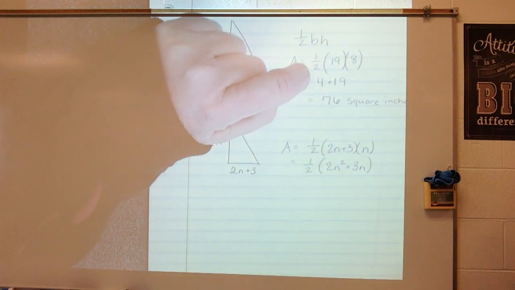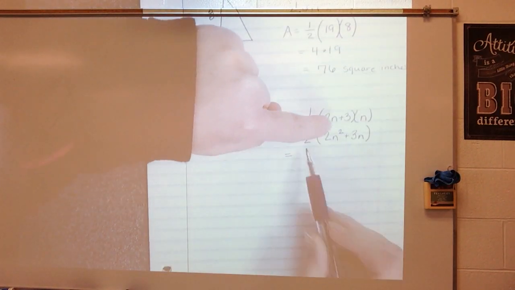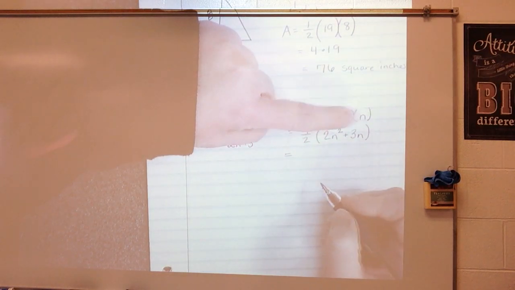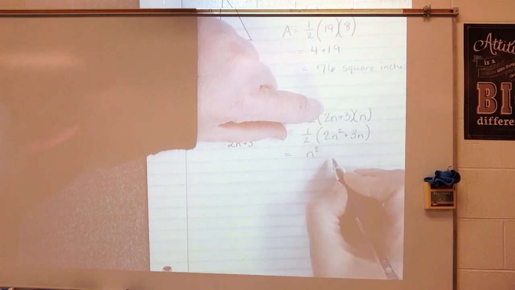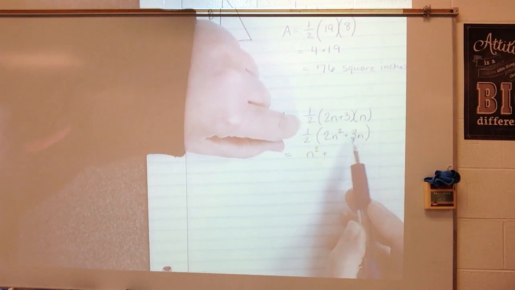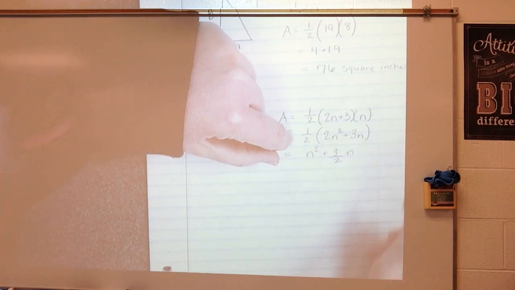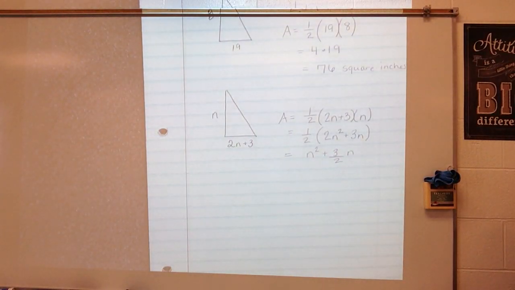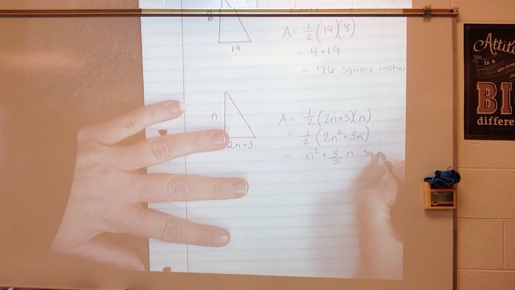And then I multiply that through by 1/2. So 1/2 times 2n, that would be 2 over 2, which is 1. So I get n squared plus 3n times 1/2 would be 3 halves n. So this would be the area of this triangle.